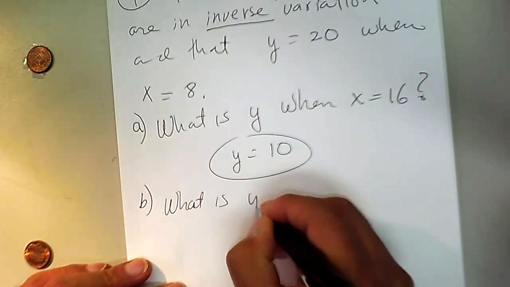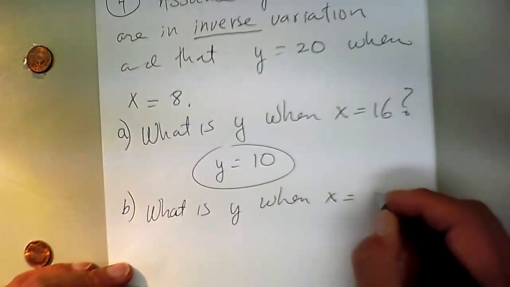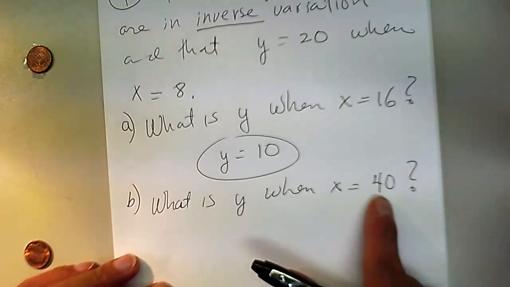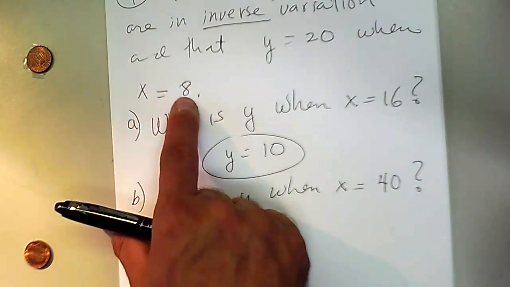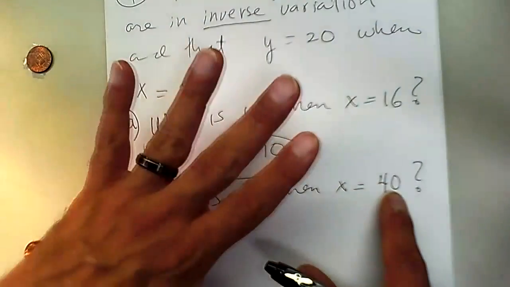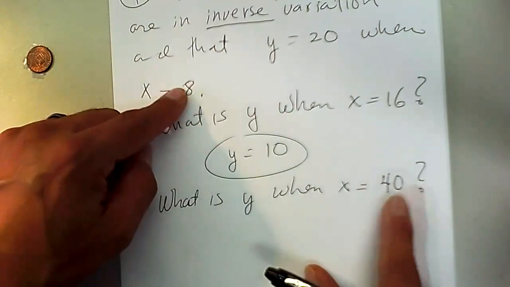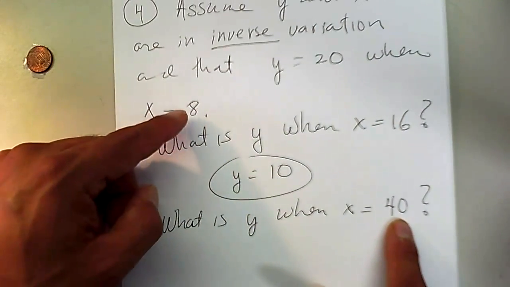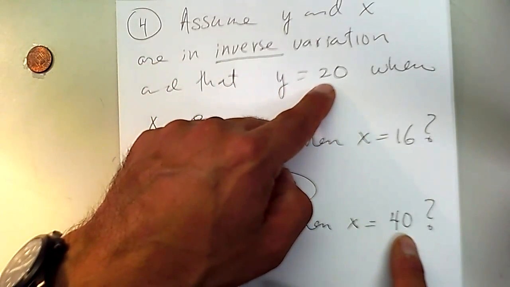Well, what is y when x equals, let's say, 40? Okay, same principle. The input that they give us initially is 8. We are multiplying by 5 the 8 to get to 40. So 8 times 5 is 40. Now, if we were in direct variation, we would multiply by 5 and get 100.